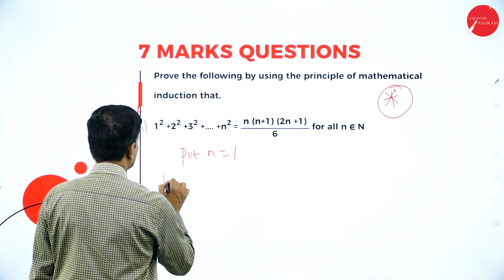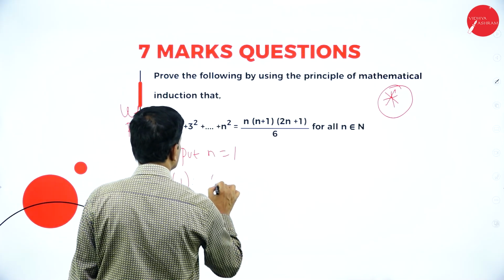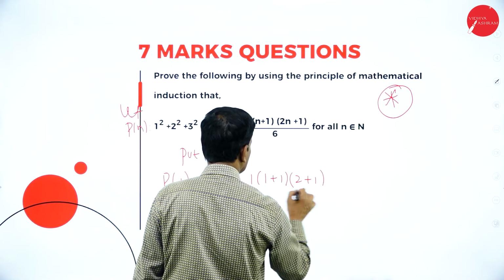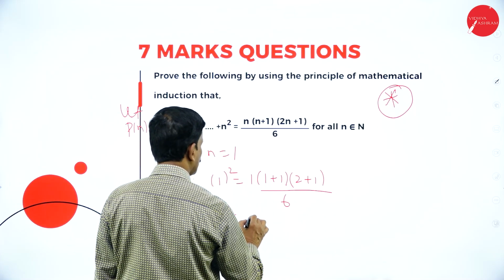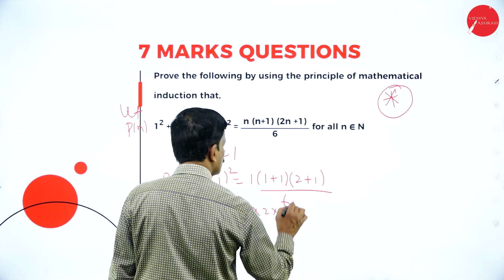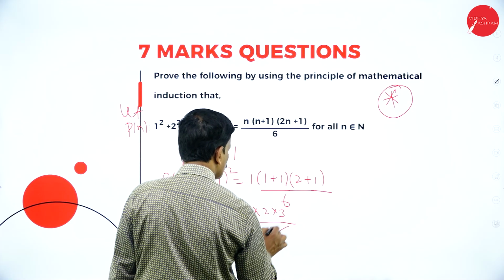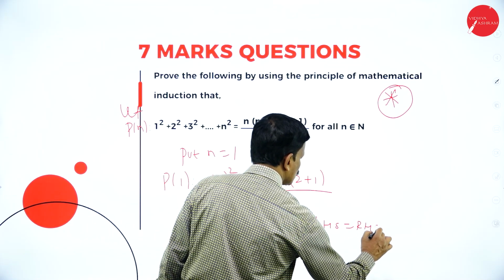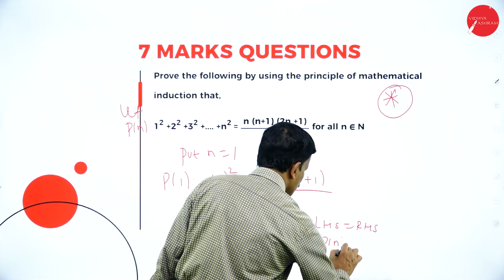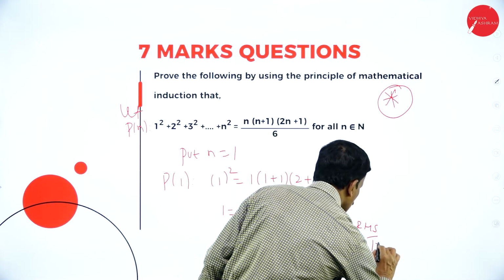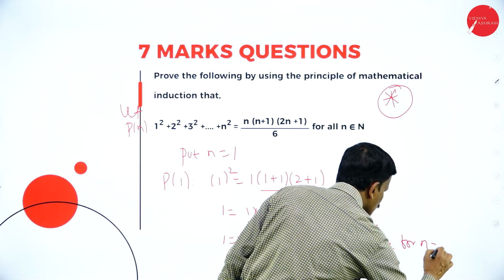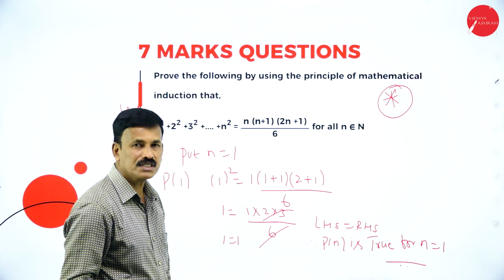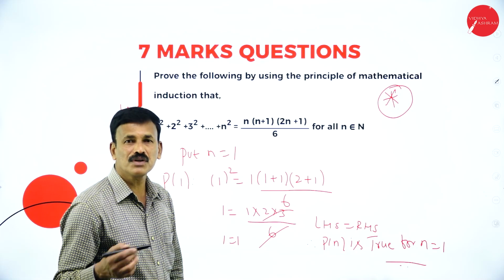Then P of 1 can be written as 1 square is equal to 1 into 1 plus 1 into 2 into 1 plus 1 divided by 6. 1 square is 1. 1 into 1 plus 1 is 2, into 2 plus 1 is 3, divided by 6. 2 threes are 6, which gets cancelled. 1 is equal to 1. That is LHS is equal to RHS. Therefore P of n is true for n is equal to 1. This is the first part. Put n is equal to 1 and show that LHS is equal to RHS. Hence we conclude that P of n is true for n is equal to 1.